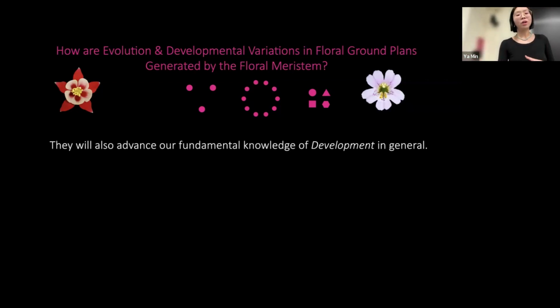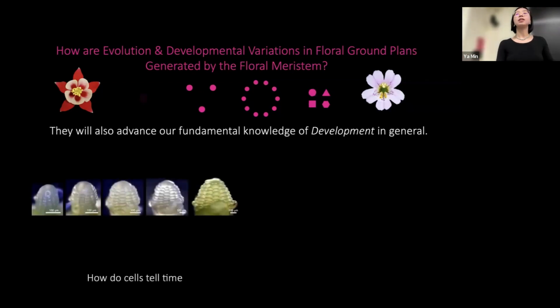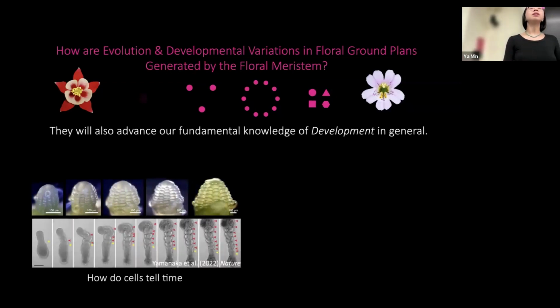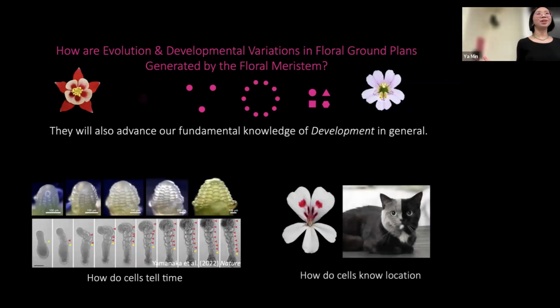For example, when I'm thinking about what are the molecular programs controlling the timing and number of whorls in flowers, animal biologists are also thinking about what is a molecular timer that times the number of vertebrae in animals. And bilateral symmetry by no means only exists in plants. Just look at us.